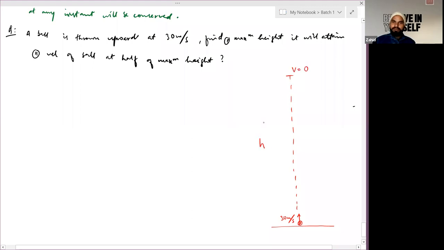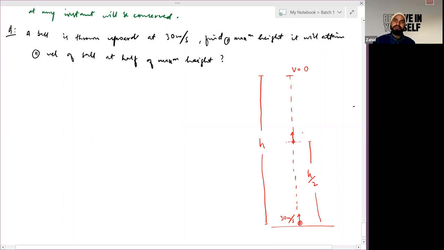Using the third equation of motion or using conservation of mechanical energy, you will be able to calculate the total height attained by the body. Now we have to calculate the velocity of the body at this instant, which means at half of the maximum height attained by the body.